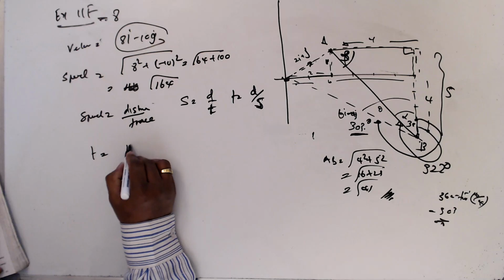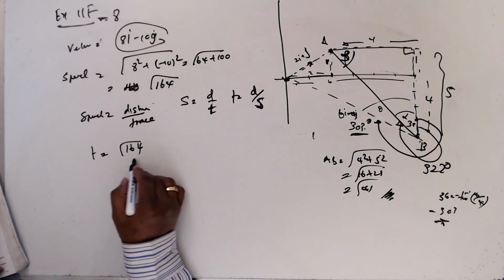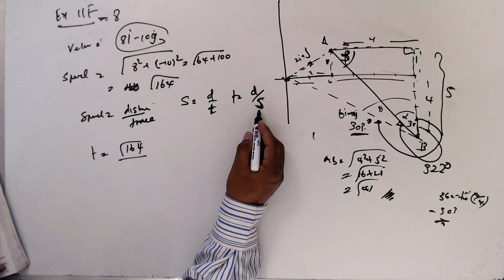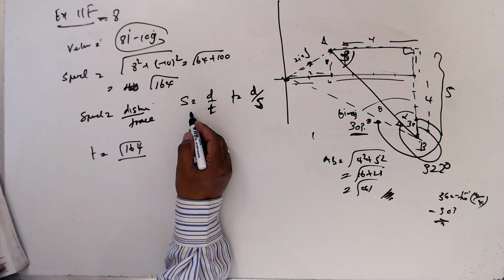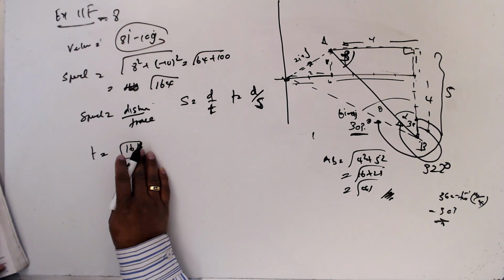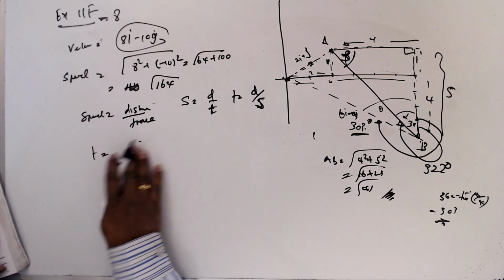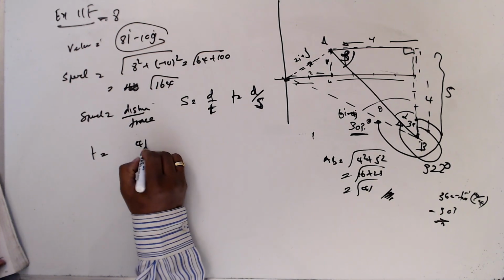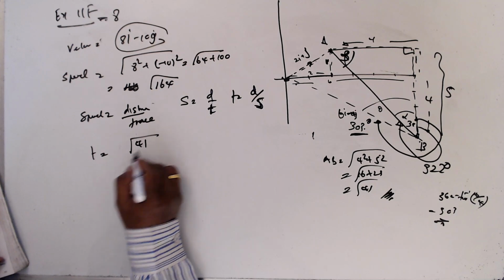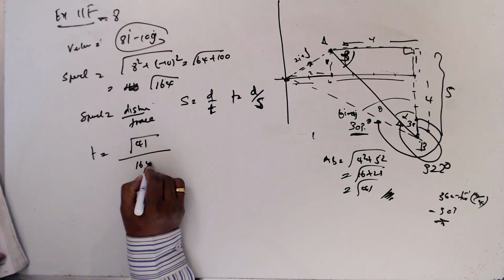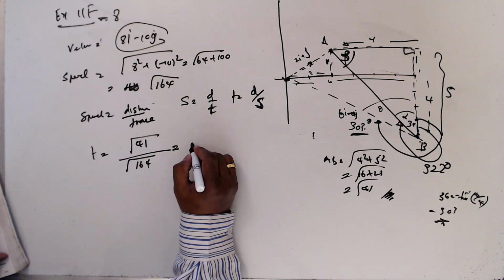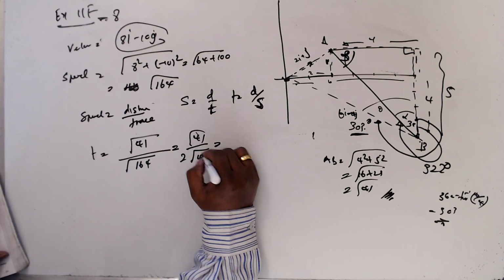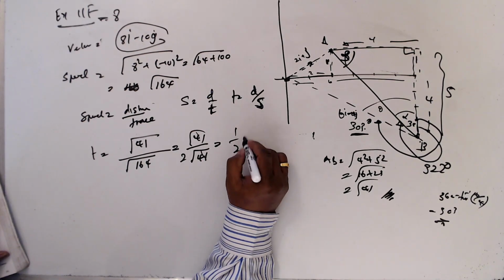Distance is square root 41, which is 4 squared plus 5 squared, square root 41. And the speed is square root 164. This is 41, and 2 square root 41. This is going to cancel out. So it equals half an hour.